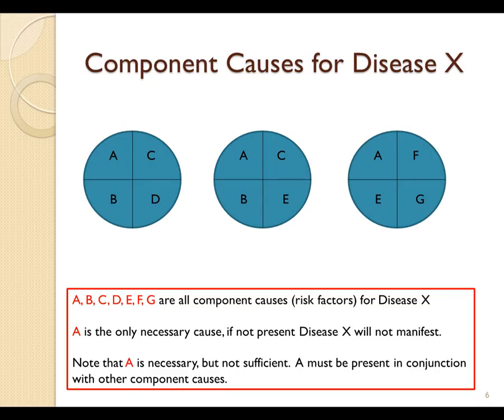Note that A is necessary, but not sufficient. A must be present, but it must be present in conjunction with these other factors. However, none of the other factors are considered necessary, because as long as there are several of those other factors plus factor A, then the disease will develop. So A is not sufficient to cause disease in this example.